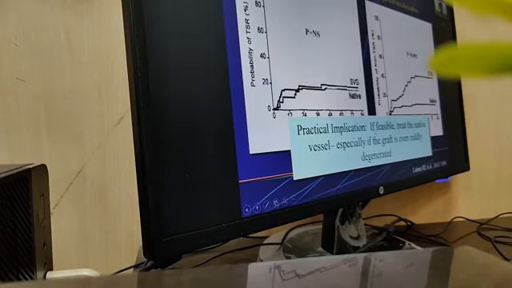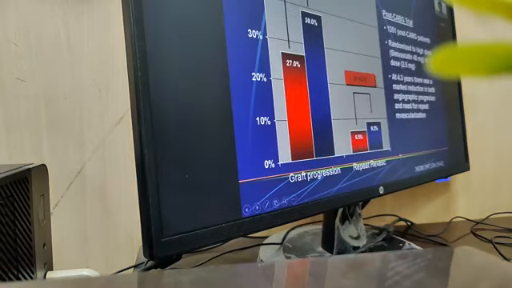That means if the SVG is supplying the OM or the RCA lesion, and there is a practical possibility of treating the native vessel, treat the native vessel. Don't just focus on the saphenous vein graft. This is the practical implication of the study, published in 1996: if feasible, treat the native vessel, especially if the graft is even mildly degenerated.